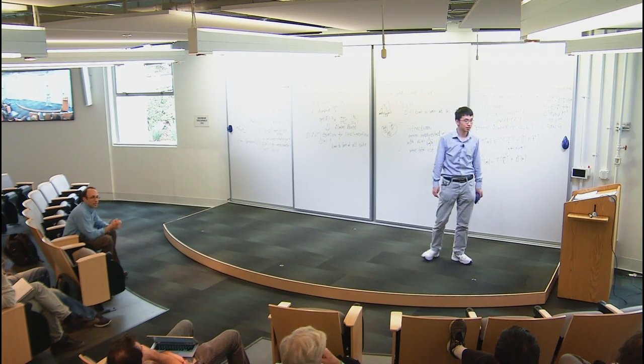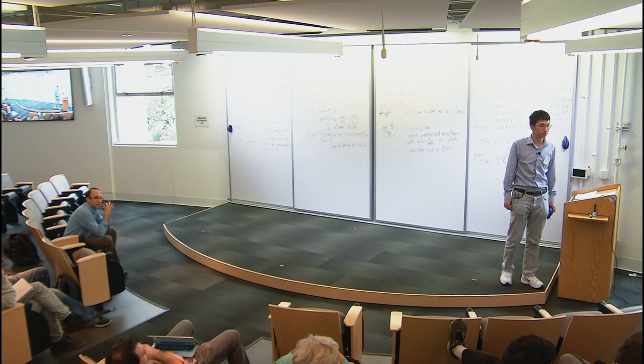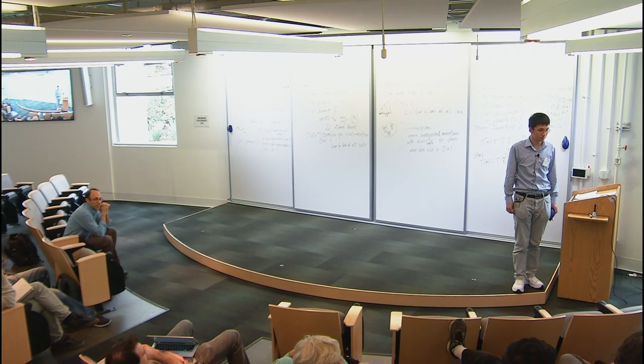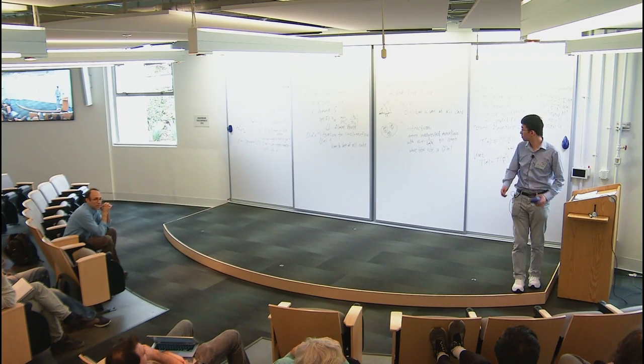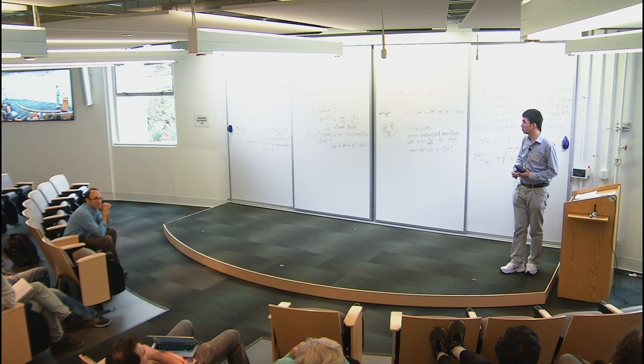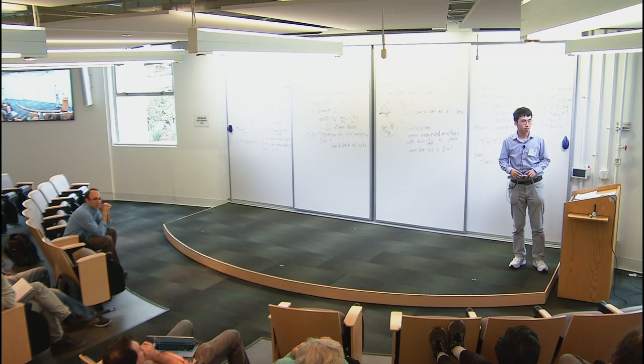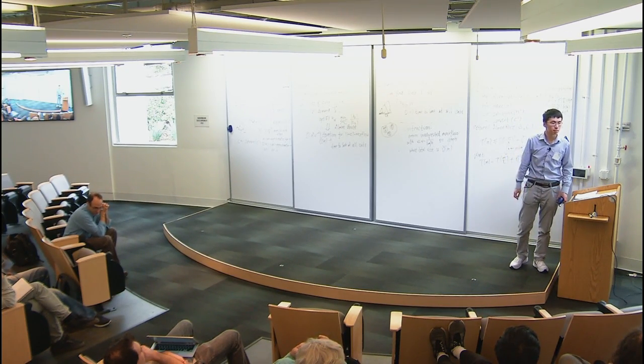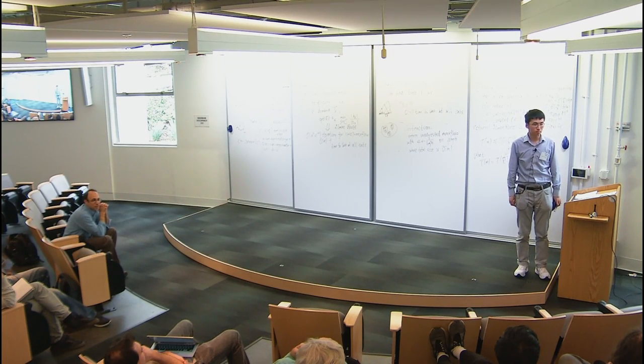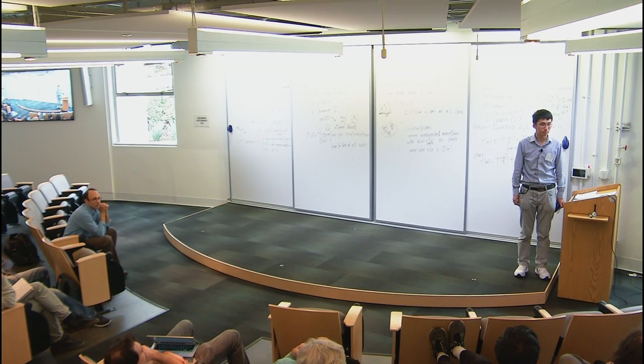A point to be made about the quality of these single trees as preconditioners is that the worst case is the path graph, when the preconditioner is the binary tree. But there are more general classes of graphs, for example 3D grids, for which a single tree will give you a condition number of about the third root of n, which is much better than what you get with a single spanning tree.